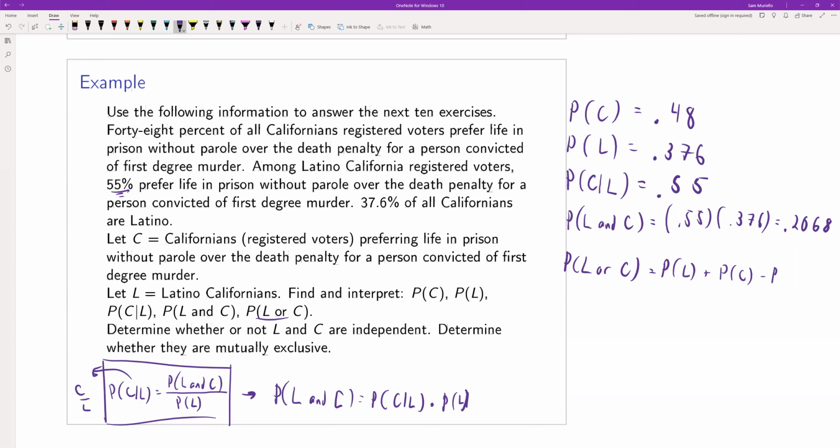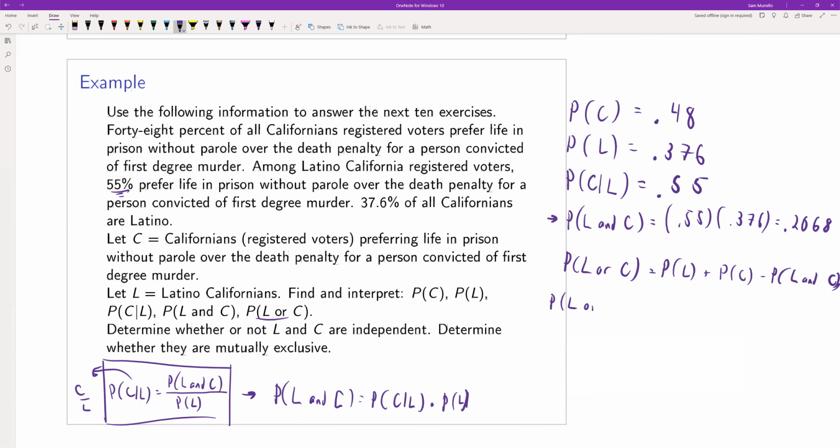So we'll need to subtract the probability of L and C. If we knew the events were mutually exclusive, we wouldn't have to subtract the overlap. But in fact, at this point, we know that they are not mutually exclusive because look right here, the probability of both things happening is not 0. There are some voters that are both in favor of this policy and also Latino. So there is an overlap. They are not mutually exclusive.